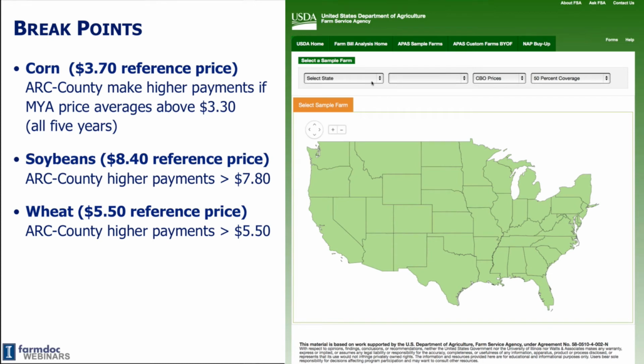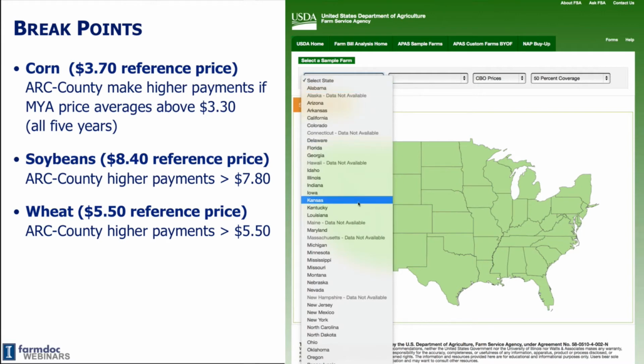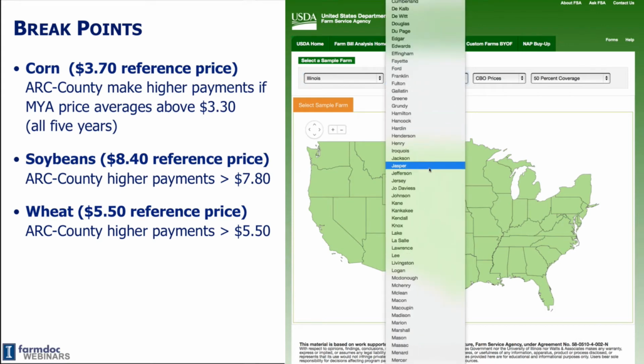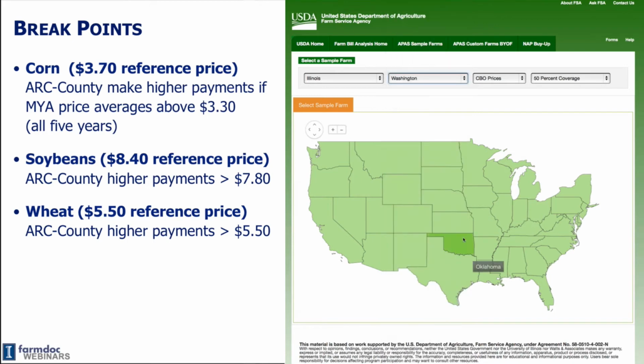You can choose your state and your county, and I'm going to just do a Southern Illinois farm, Washington. Once you do that, this program will bring out a number of things. Actually, if you go into our step 4, there's a webinar on how to use this tool.